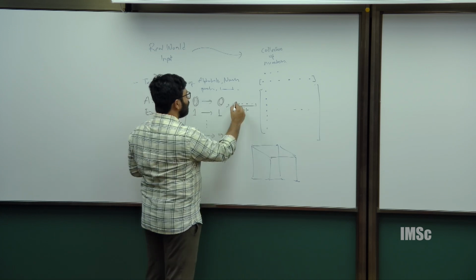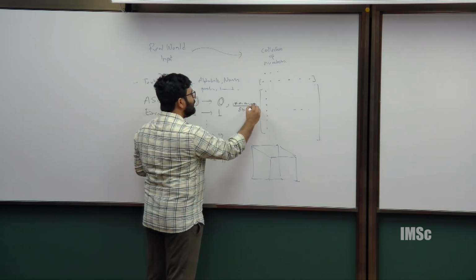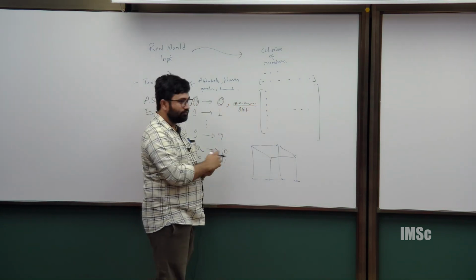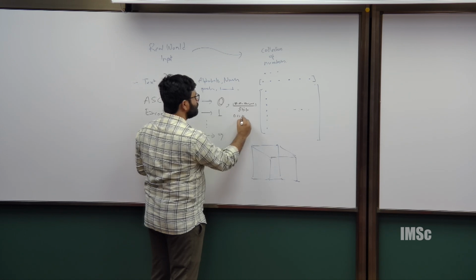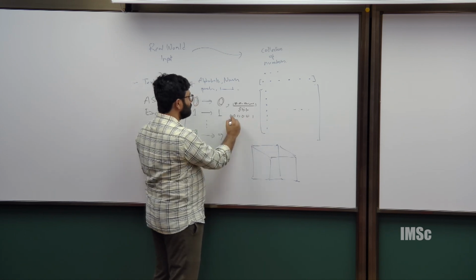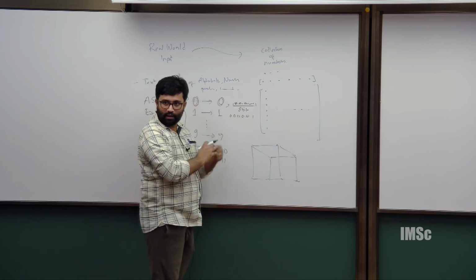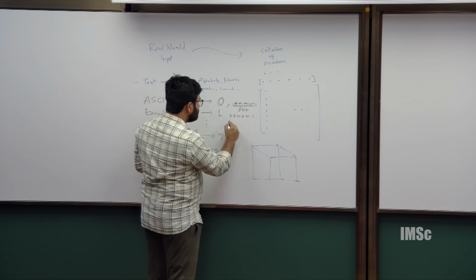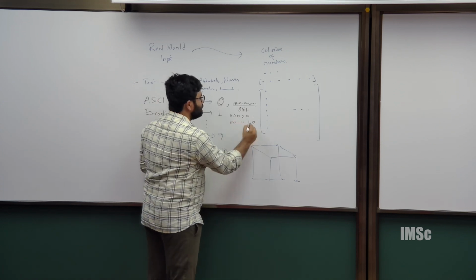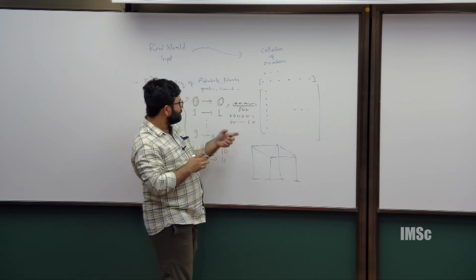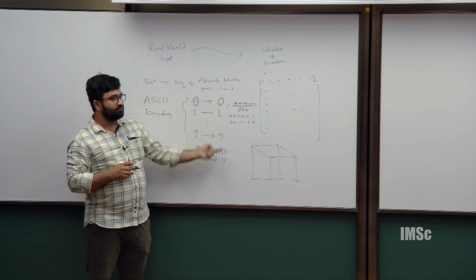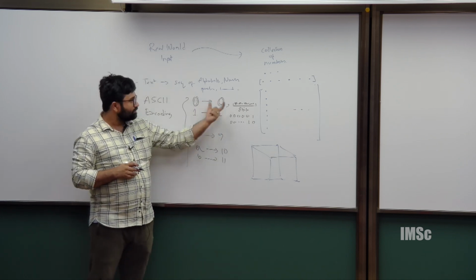All 8 zeros will represent 0. So 1 will be represented as 0, 0, 0, 0, 1, like 7 zeros and so on. 2 would be 0, 0, whatever, and then 1, 0. So this is the binary encoding of these numbers, and binary encoding is something that computers understand.